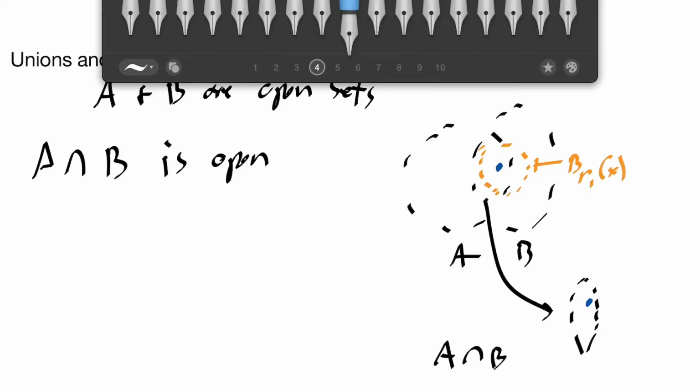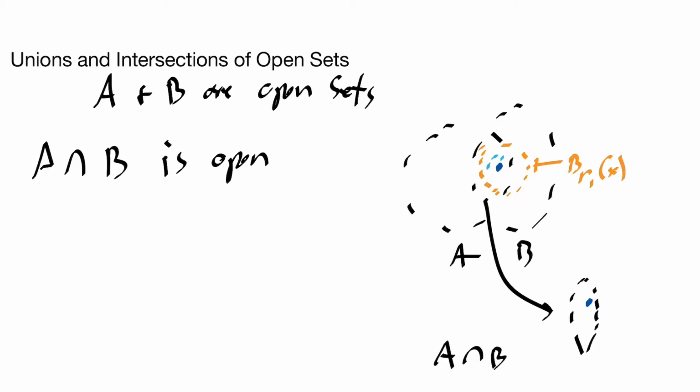But then we might have a different open ball that fits it within A. So maybe that one right there is going to be the open ball of radius 2 about x. Maybe I should have done A first, but I guess it doesn't matter. But what do I do? I just choose the smaller one. So the smaller one fits, right? So I just let R be the minimum of R1 and R2. And so that works perfectly fine.